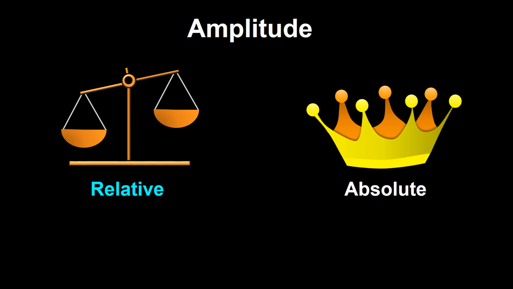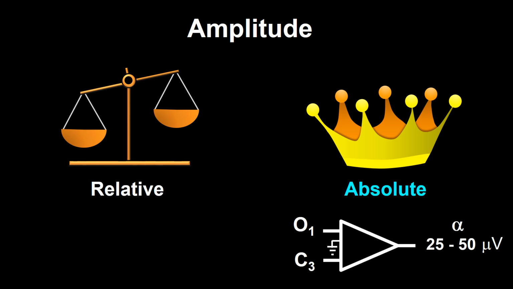Relative amplitude is established using the ongoing record, thus judging the field based on the estimated average amplitude of the record. Absolute amplitude is usually judged relative to the usual amplitude found in the alpha activity in adults, measured from the occipital to the ipsilateral central region.